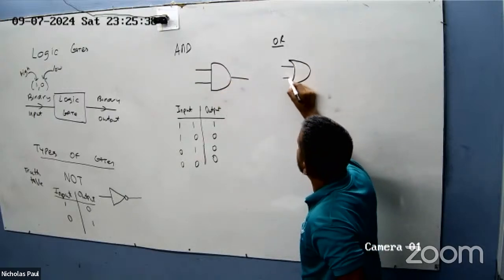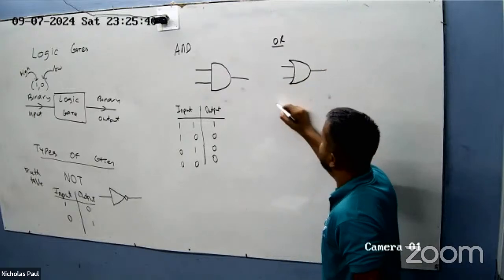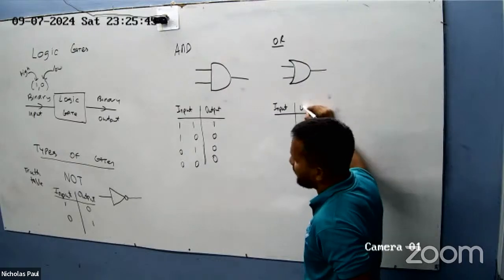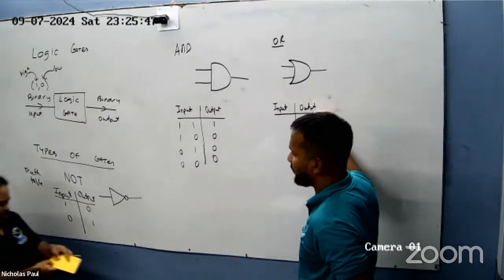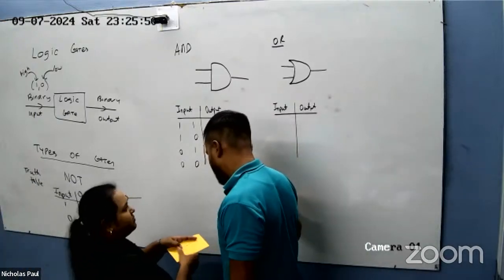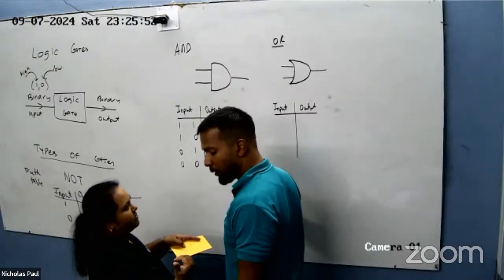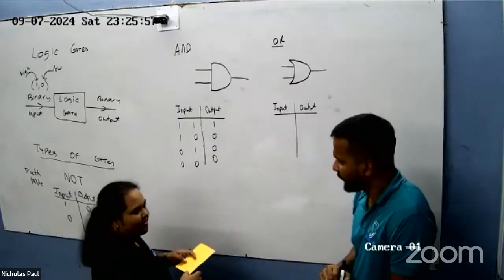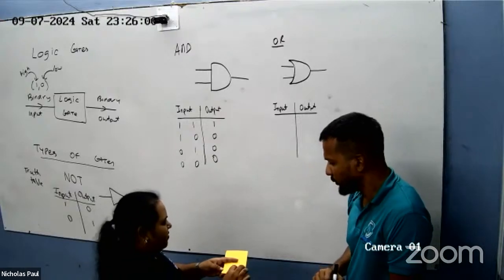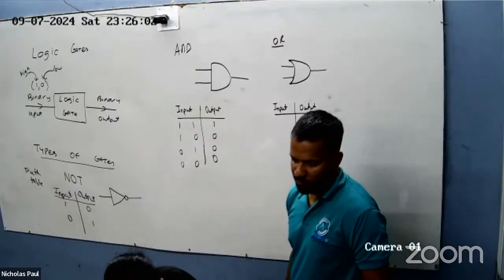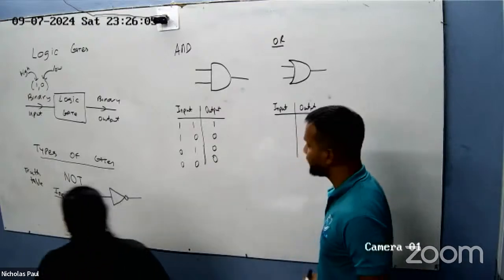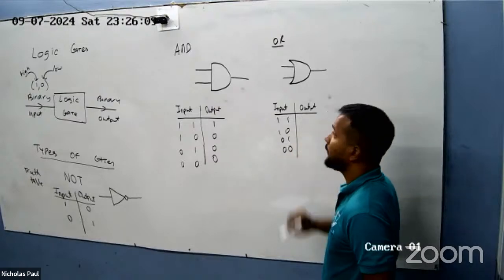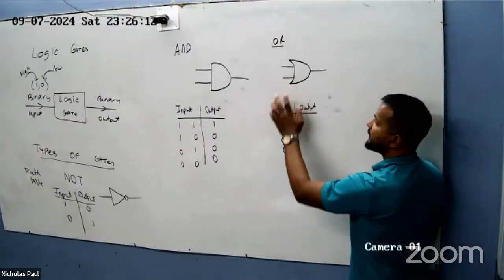And you have two inputs, one output. So OR gate, right?